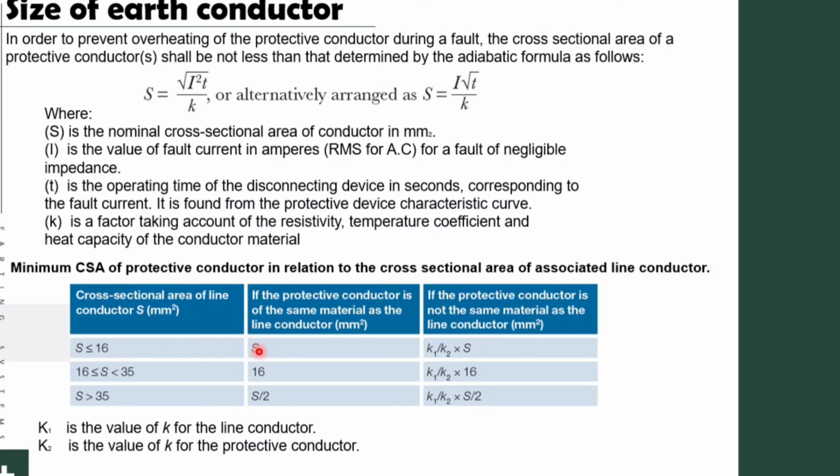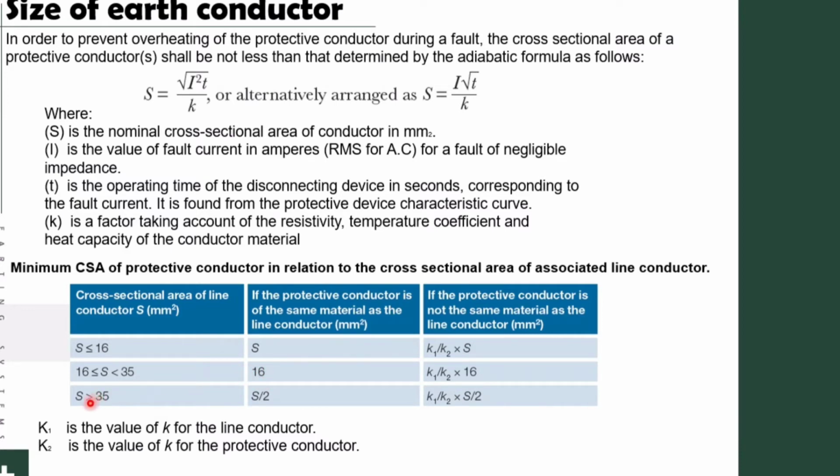For example, if the line conductor is 4 mm², the earth conductor is also 4 mm². And if the line conductor size is between 16 mm² and 35 mm², I will directly choose a protective conductor of 16 mm². That means for 16, 25 and 35 mm² line conductors, I will choose a 16 mm² protective conductor.